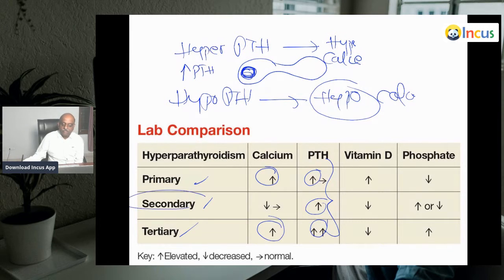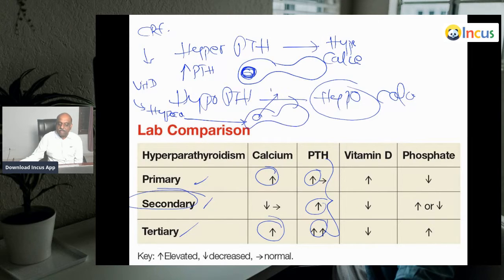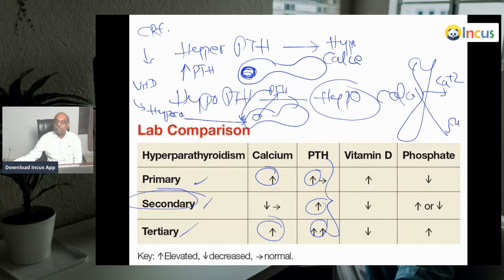Then what is secondary? Whenever there is chronic renal failure, it leads to vitamin D deficiency. That leads to hypocalcemia. And that stimulates the parathyroid glands to produce PTH. And that leads to the dissolution of the calcium inside the bones and release of the calcium into plasma.